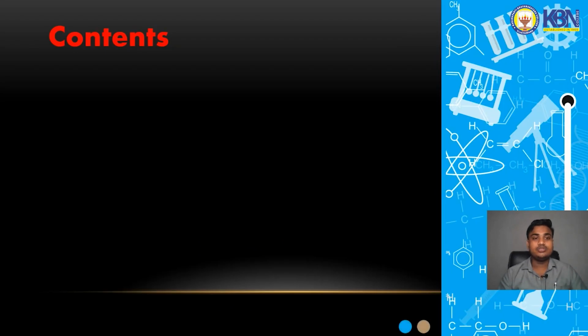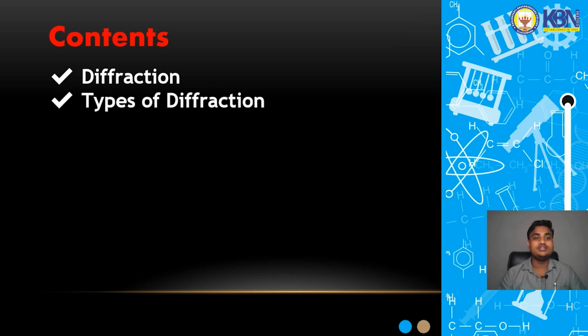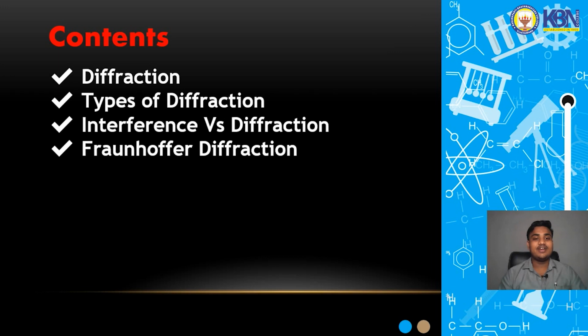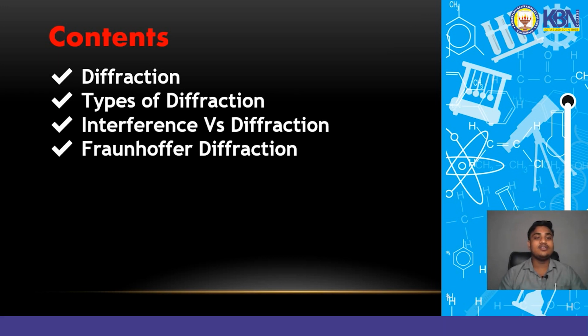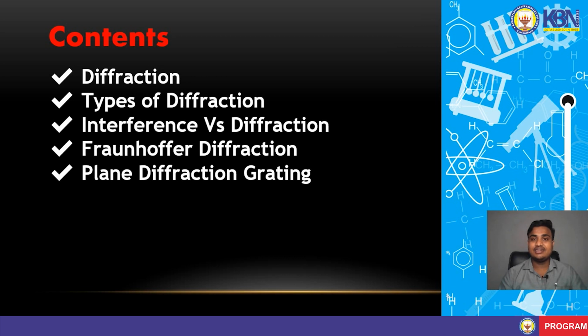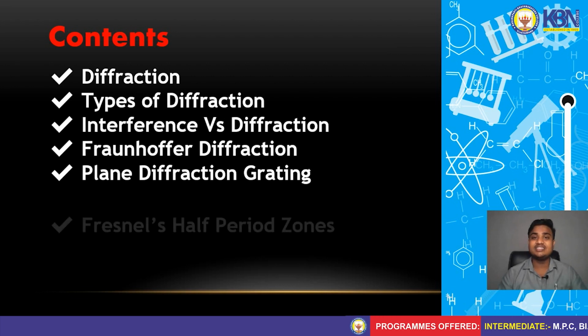Coming to the contents of today's session, we're going to see what is diffraction, what are the types involved in diffraction, then what is interference, and what are the differences between interference and diffraction, and what is Fraunhofer's diffraction and Fraunhofer diffraction due to single slit, plane diffraction grating, how the wavelength of light can be estimated by using a plane diffraction grating by using normal incidence method.